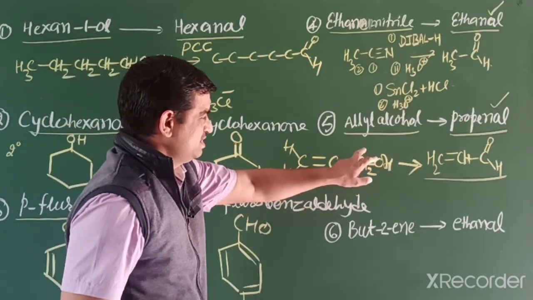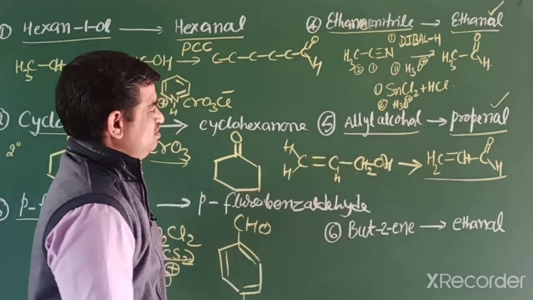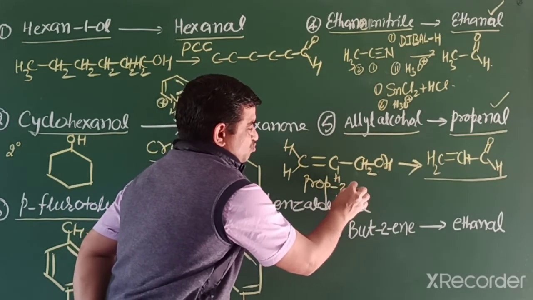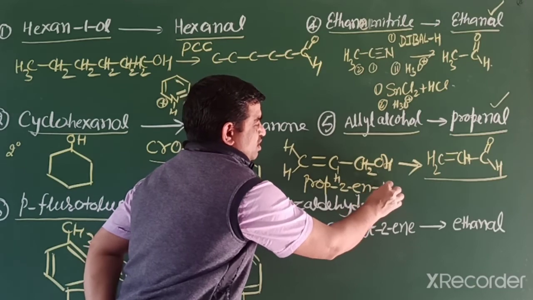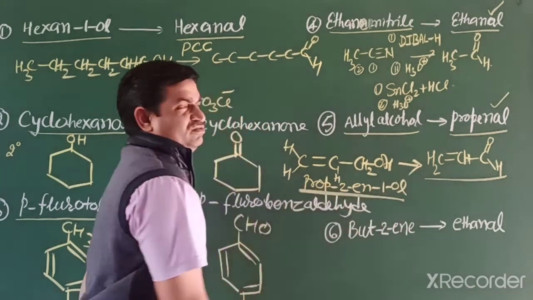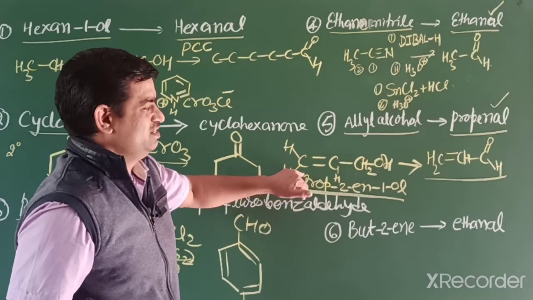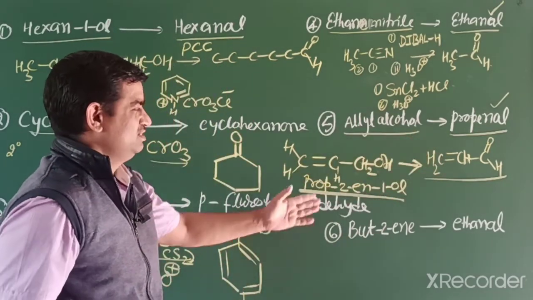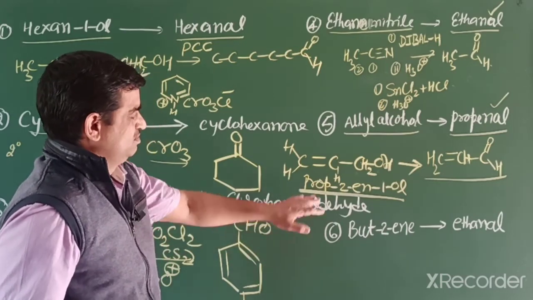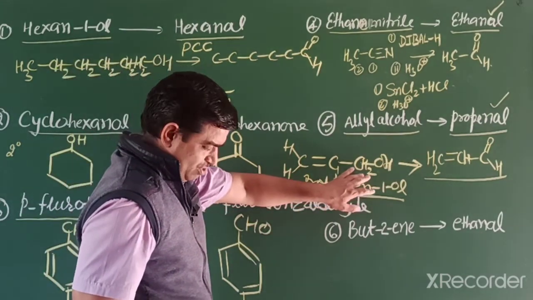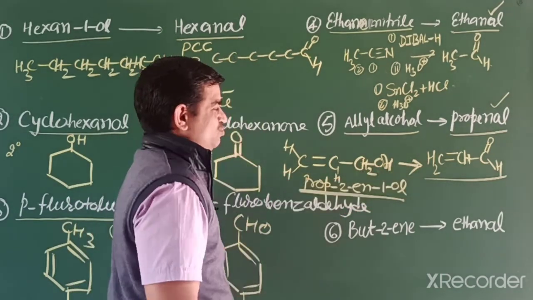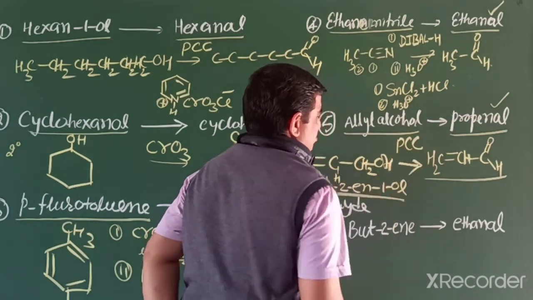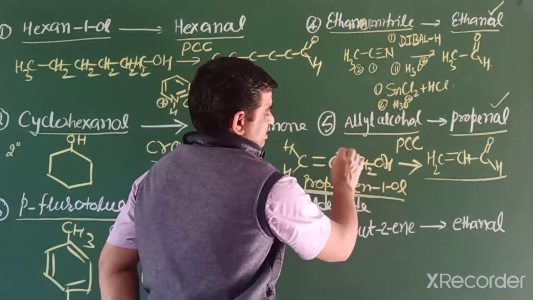So this one is an allyl alcohol. The IUPAC name we can write here, 1, 2, 3 means prop, then 2-en-1-ol, known as allyl alcohol, and it converts into aldehyde. So what reagent will we use in this reaction? This alcohol undergoes controlled oxidation, so again we have to use PCC, because it is a primary alcohol, 1 degree alcohol.